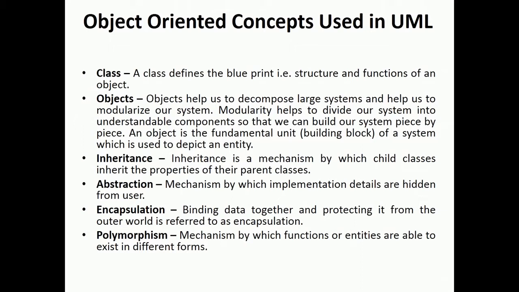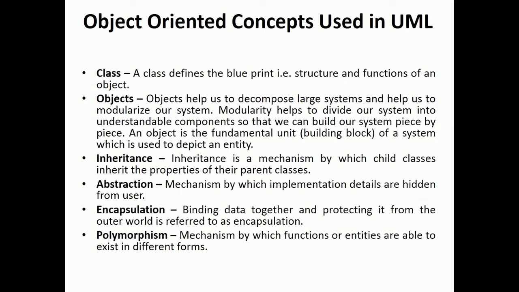So, object-oriented concepts used in UML. What is a class? We use classes and objects in the object-oriented concept. A class defines the blueprint, that is, the structure and functions of an object. Objects help us to decompose large systems and modularize our system.